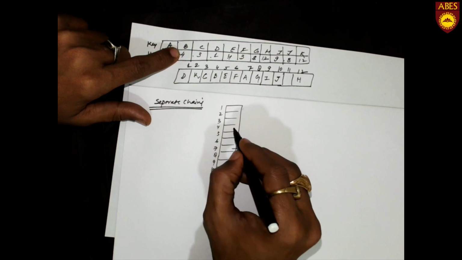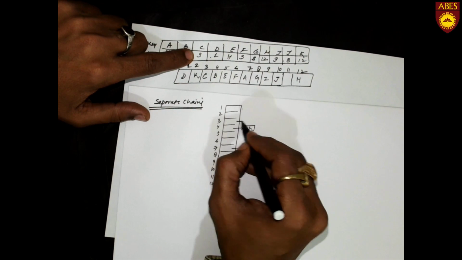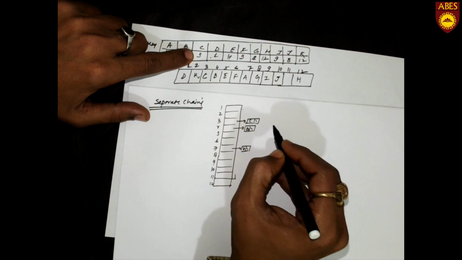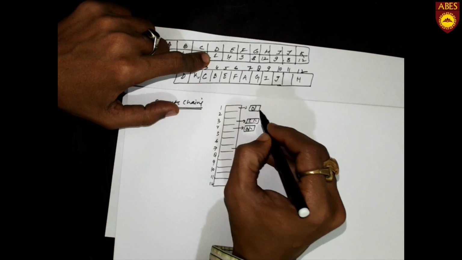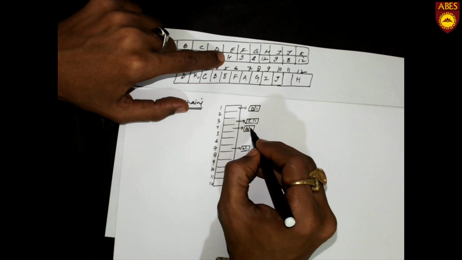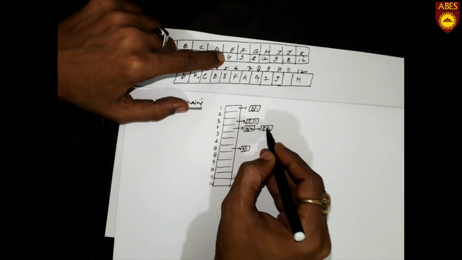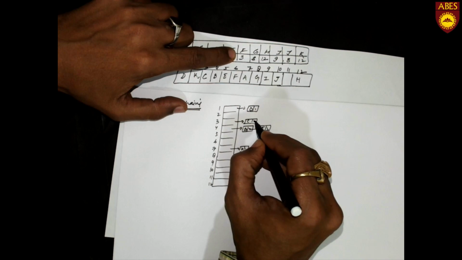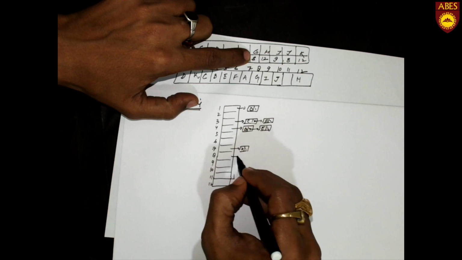B with 4. C with 3. D with 1. E with 4. So I'll add E here in the fourth linked list after B. F with 3, I'll add here.